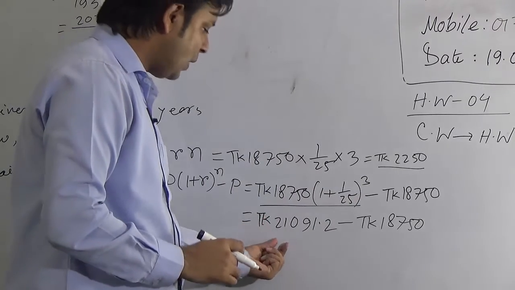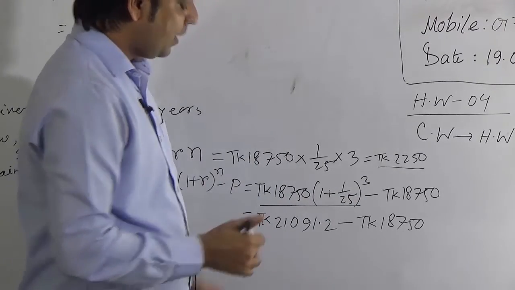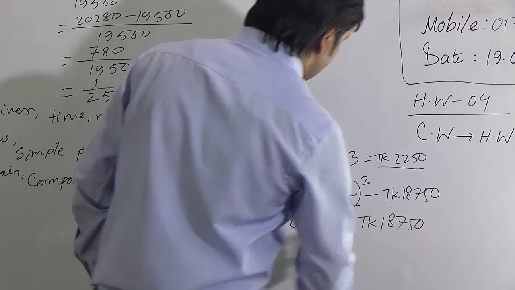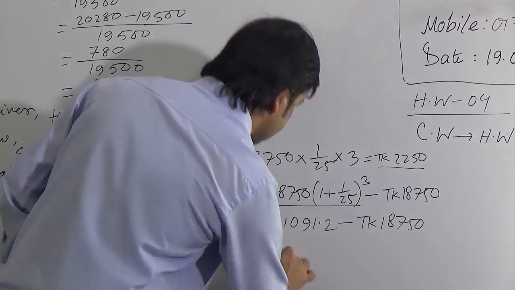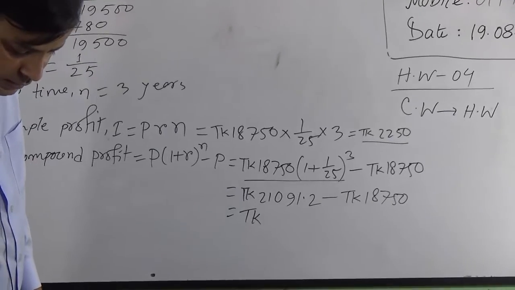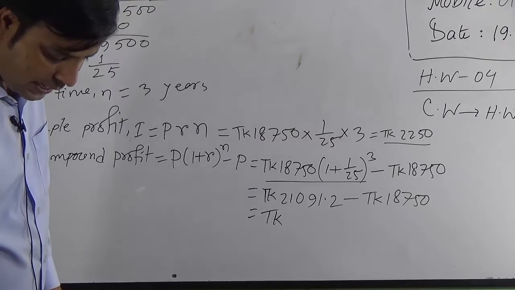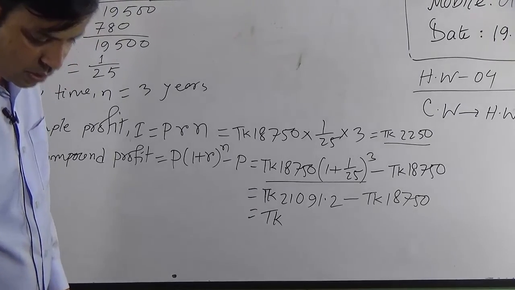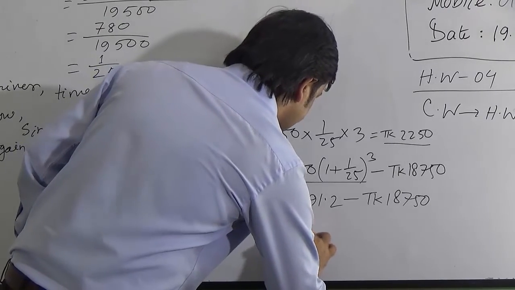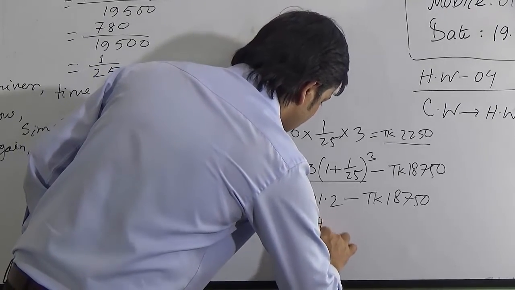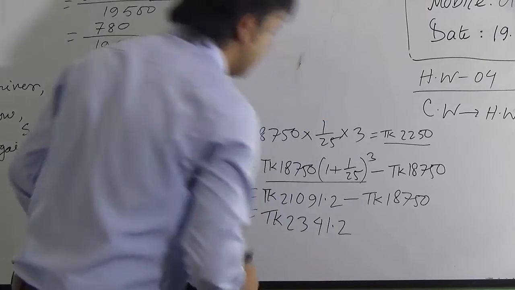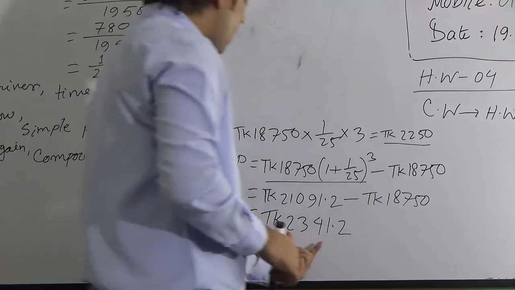You will get 21091.2. Then subtract 18750. What will be the answer here? Taka 2341.2.